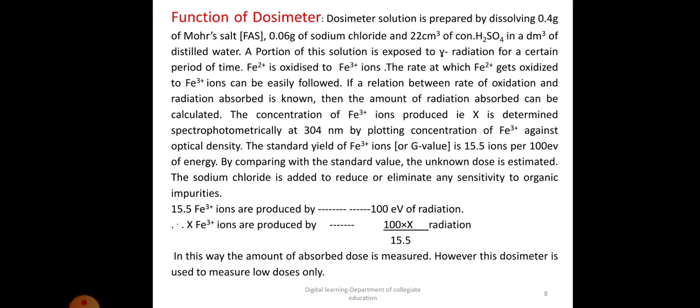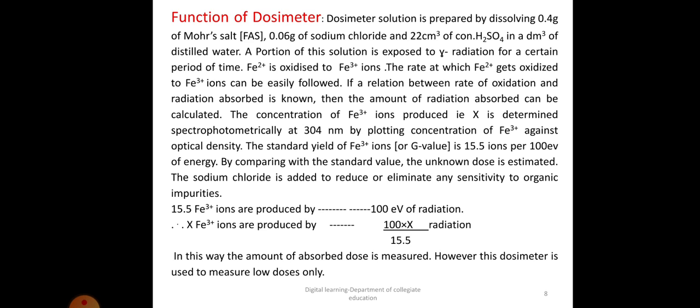The standard yield of Fe3+ ions or G value is 15.5 ions per 100 eV of energy. By comparing with the standard value, the unknown dose is estimated. The sodium chloride is added to reduce or eliminate any sensitivity to organic impurities.